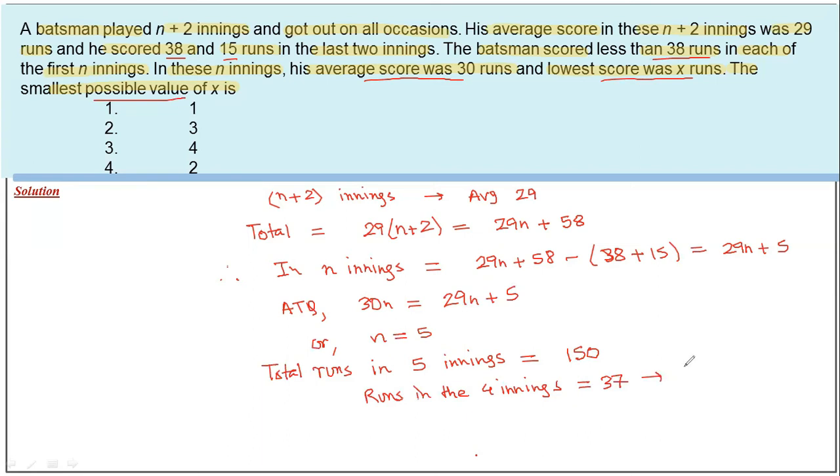So that gives us 37 into 4, which is equal to 148. So in the other innings, that is x, he scored x runs, so that will be 150 minus 148, that is equal to 2. Option 4.